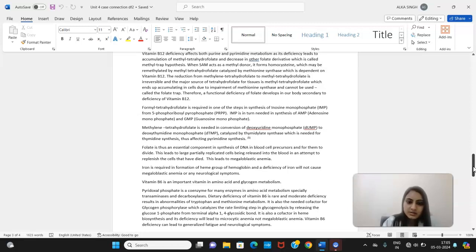When SAM acts as a methyl donor, it forms homocysteine, which may be remethylated by methyltetrahydrofolate catalyzed by methionine synthase, which depends on vitamin B12.